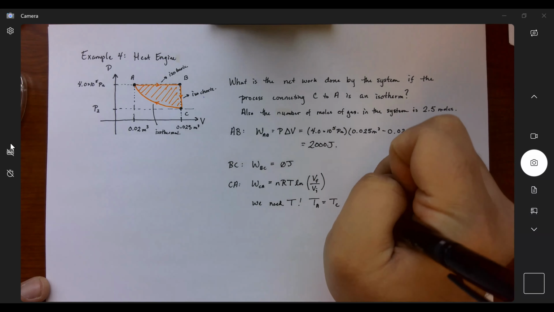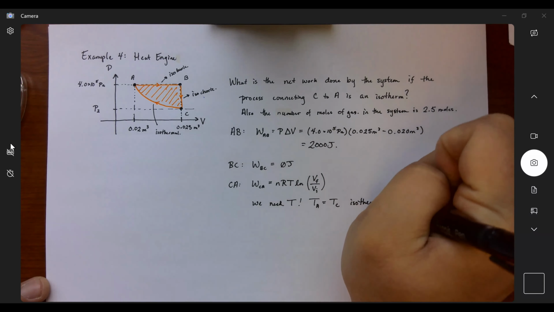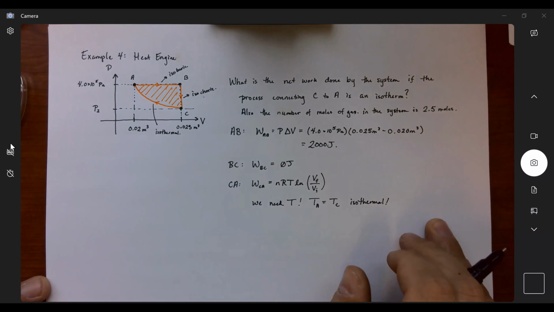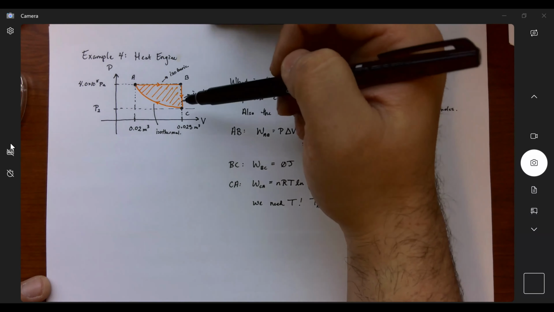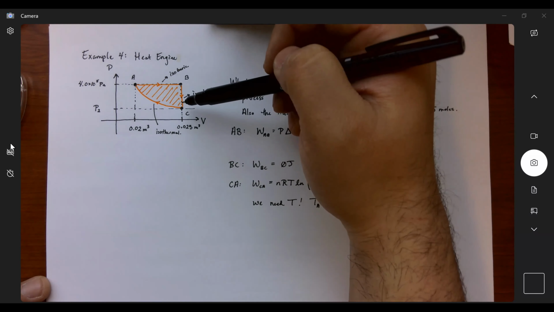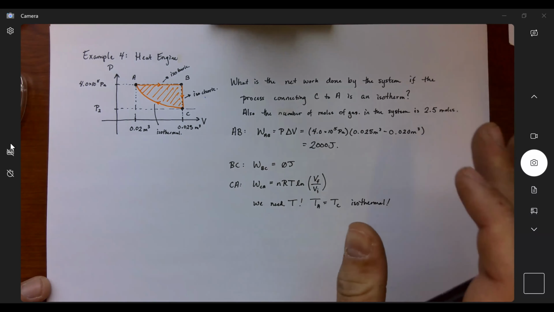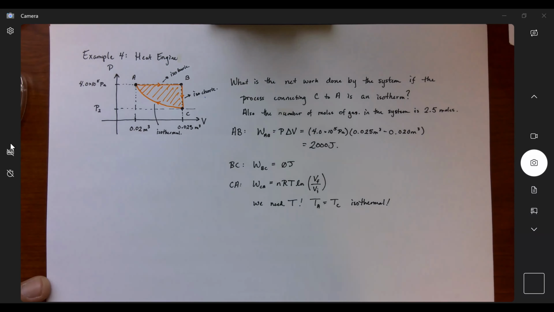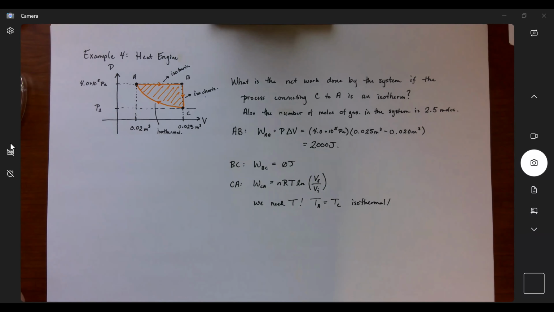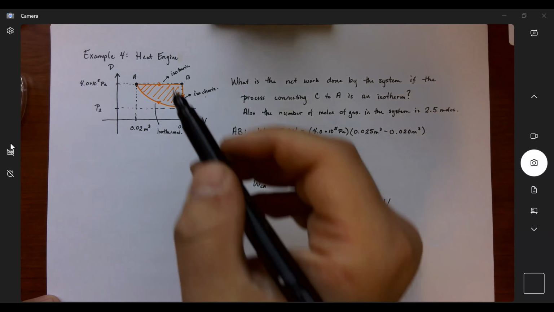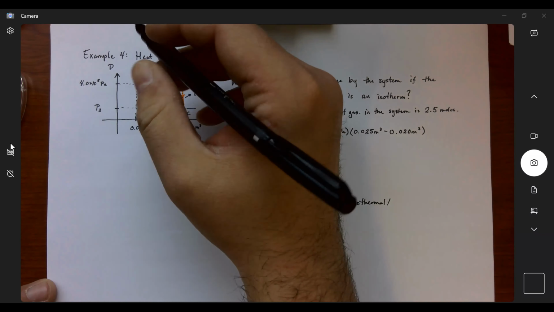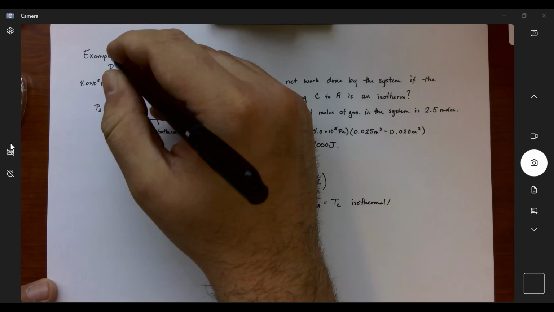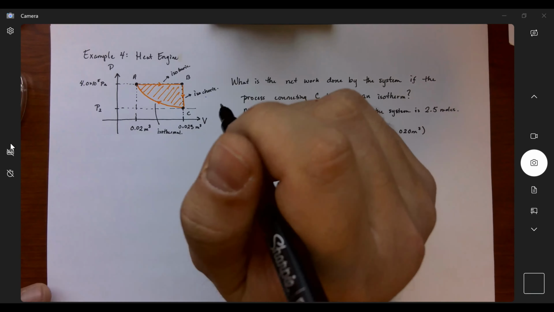All right. And we're given information at A and at C, based on the type of process that we're defining here. So at C, we don't have as much information. We're not left with the pressure, but we are given the volume. But at A, we know the volume and the pressure.